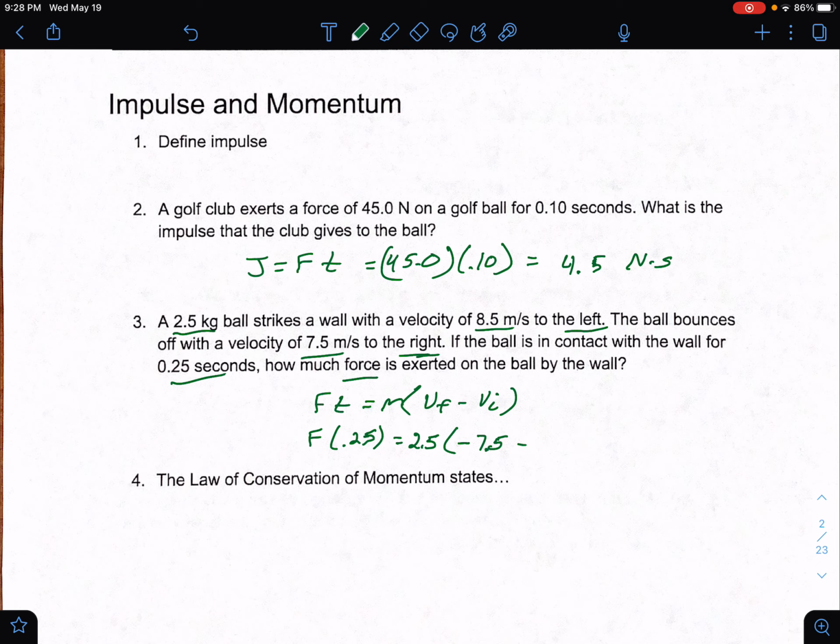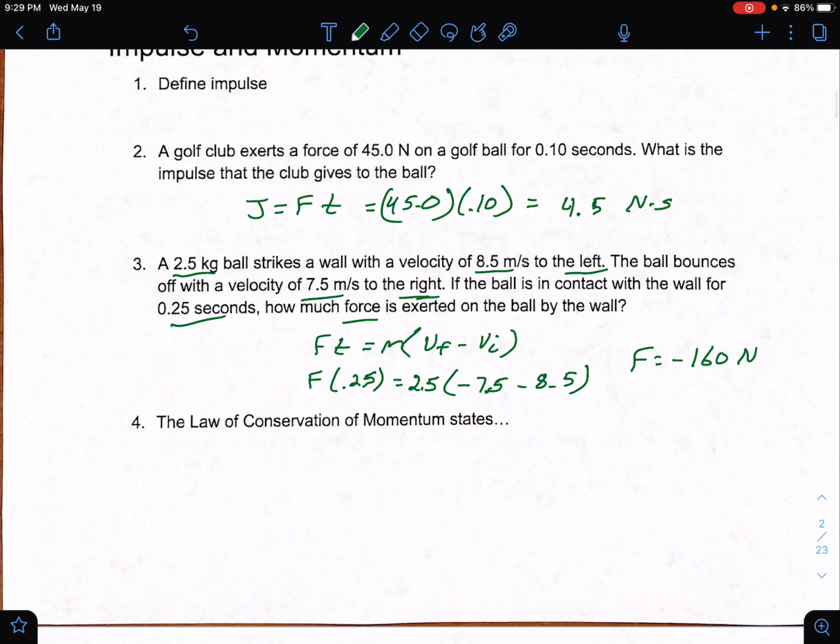Minus an incoming, so I'm going to make that one positive. If it's changing directions, you have to make that final one negative. So if you were to do the math completely and correctly, you should get a force of negative 160 newtons. It's okay that it's negative because it's exerting on the ball and it may change directions.